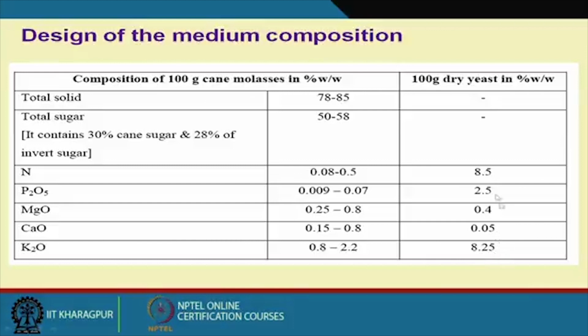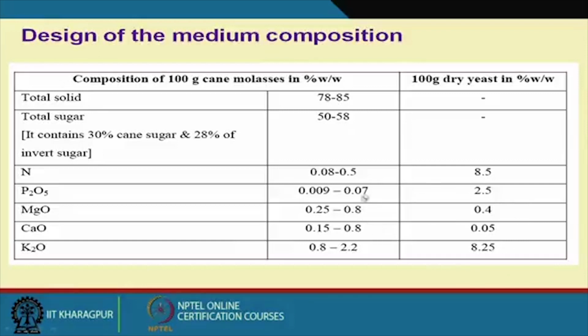Now, we know that yeast cells in the fermentation media can contain more than 90% moisture, so naturally the concentration will be a little bit less in the wet conditions.